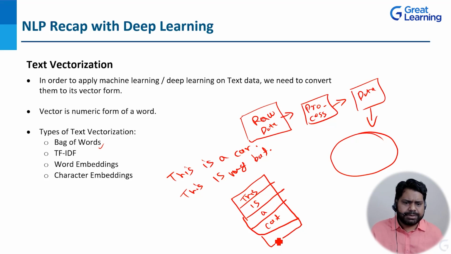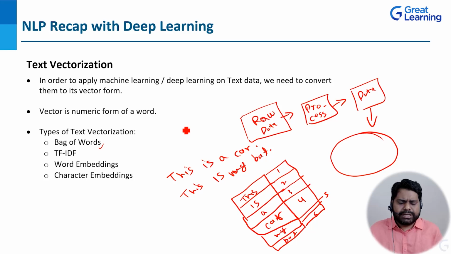Since "this" and "is" are already present, "my" will be the next term and "bat" will be the next term. Correspondingly they will get some IDs to uniquely identify them. Let's suppose this will get 1, 2, 3, 4, 5, 6.